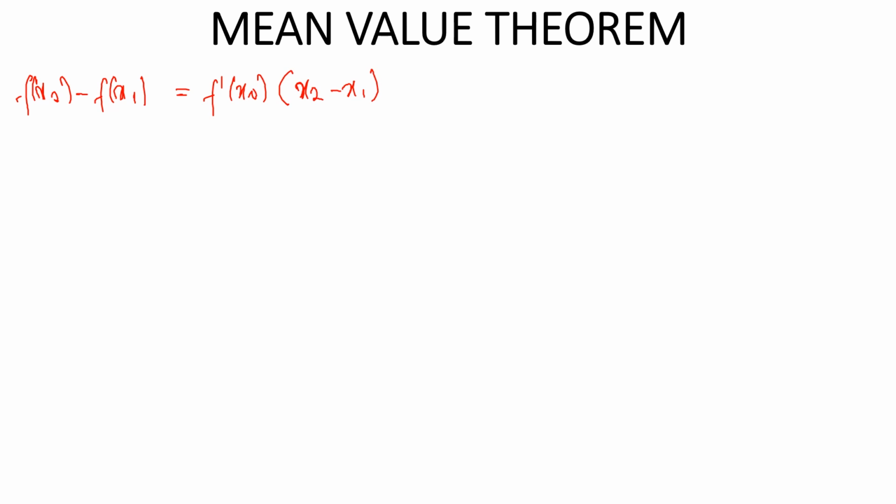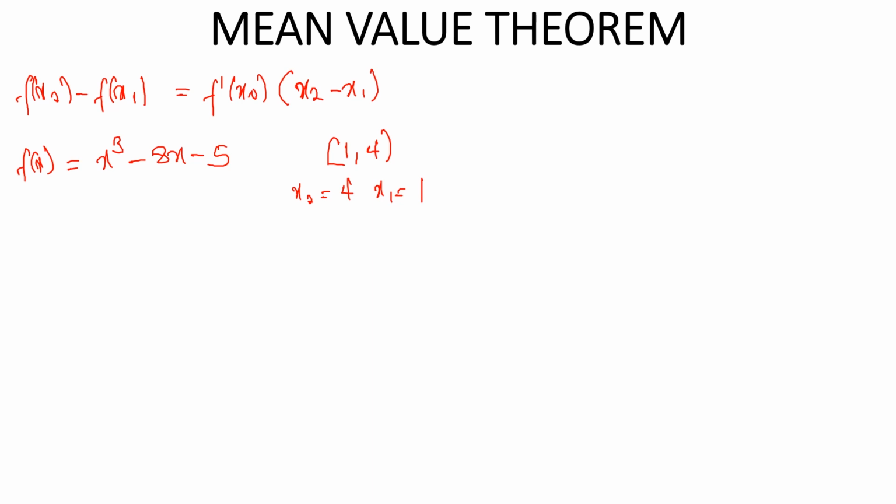If we are given a curve and have to determine whether it satisfies the mean value theorem, let's say we are given that f of x is equal to x cubed minus 8x minus 5, and we are given the interval of 1 to 4. So x2 is equal to 4 and x1 is equal to 1.